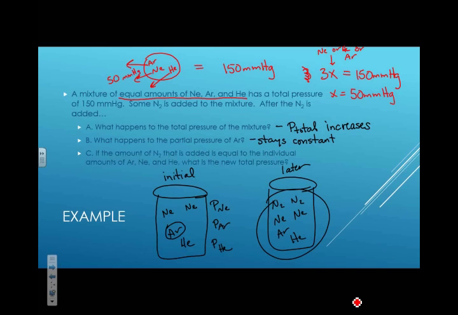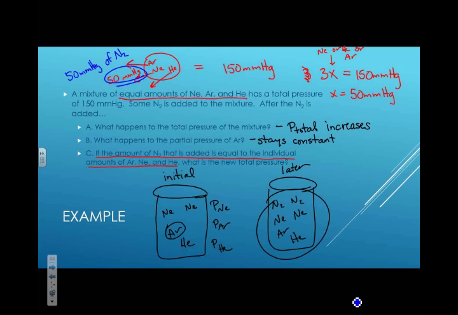The problem tells me here if the amount of the nitrogen that is added is equal to the individual amounts of what I started with, aha. So if these were 50 to begin with, and I'm adding nitrogen that's equal to what they started with, then I must be adding 50 millimeters of mercury of nitrogen.